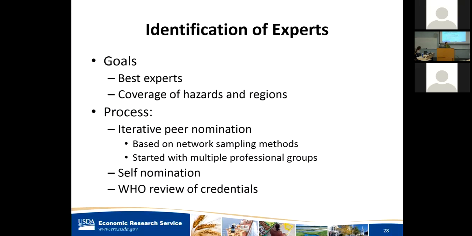We went to those folks and said, here are the problems that we want to address. Who do you think would be the best person to address this? And then also self-nomination. WHO reviewed credentials and then ultimately decided, using the criteria that they've developed for identifying experts, and finally chose people to invite.